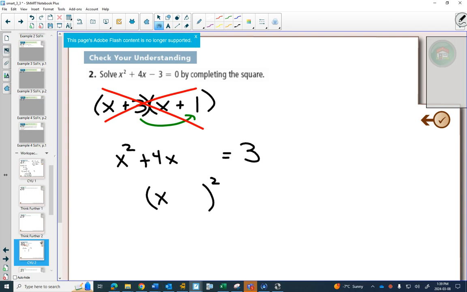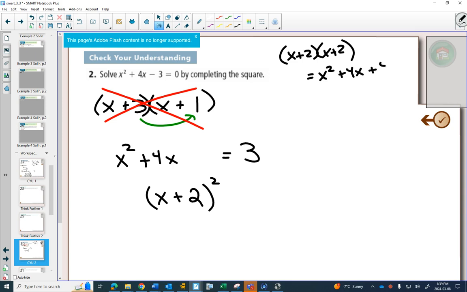The only possible way I could get a 4x if it's squared is if there was a 2 here. But unfortunately, is x plus 2 times x plus 2 x squared plus 4x? No, it is x squared plus 4.